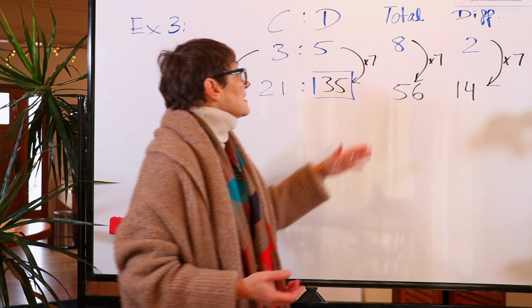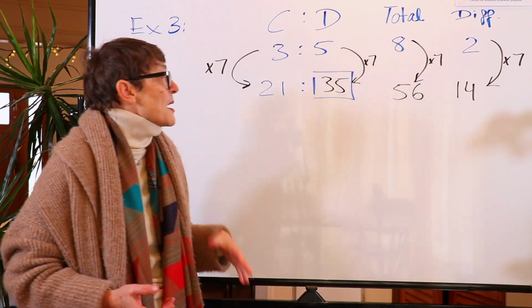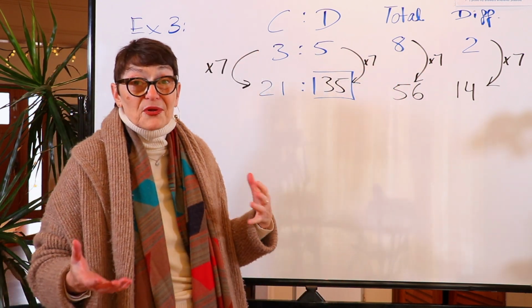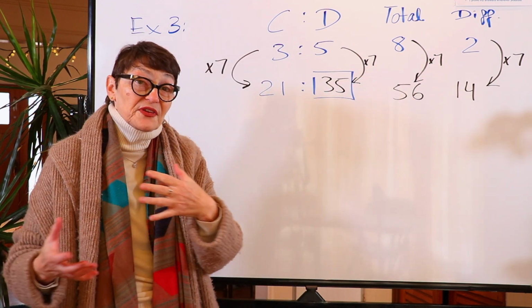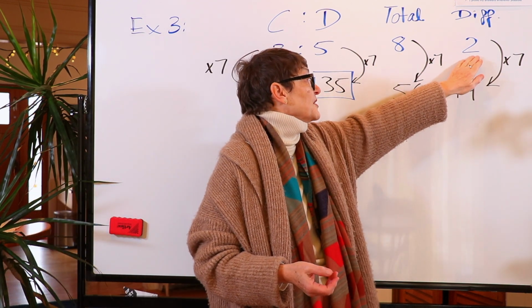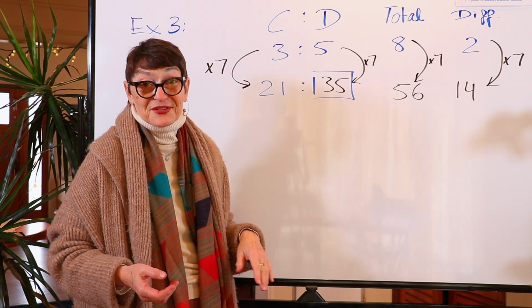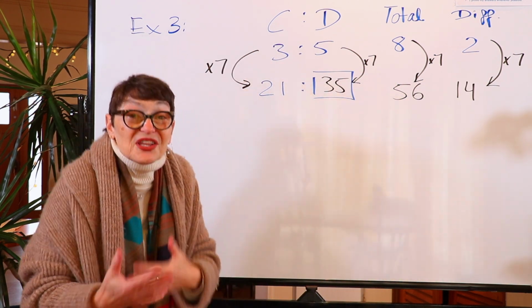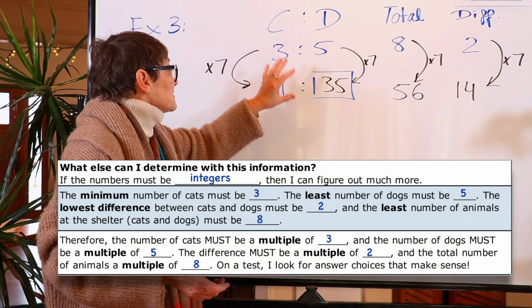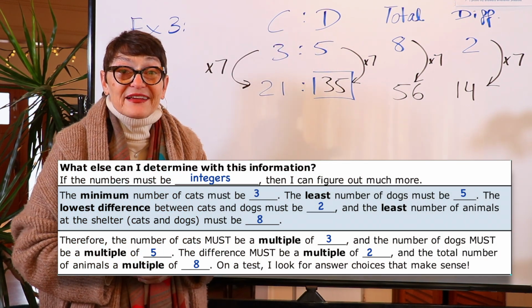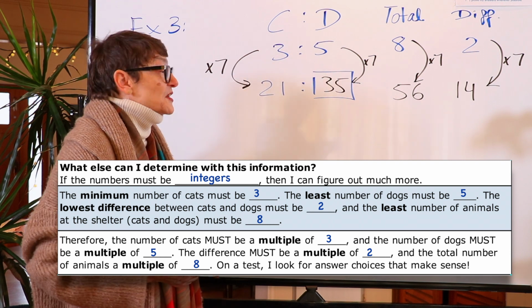You also know that the number of total animals must be a multiple of 8. It's right here. And you also know that the difference between the cats and dogs must be an even number because it has to be a multiple of 2. So again, there's a lot of information that you can derive from this one piece that is given at the very beginning, that the ratio of cats to dogs is 3 to 5.